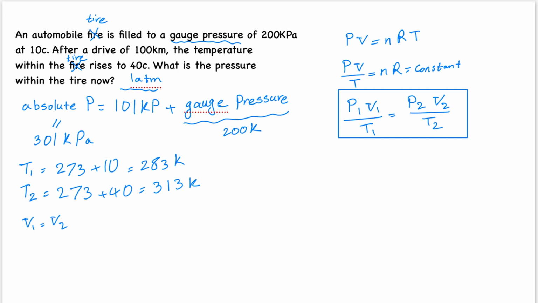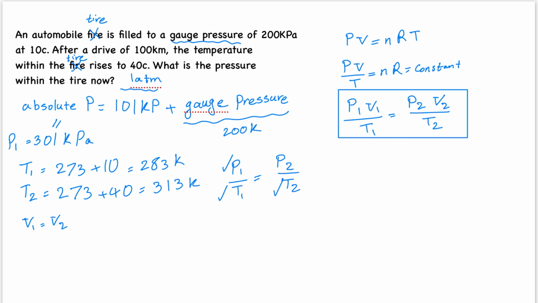So the formula we will have is P1 over T1 equals P2 over T2. We have P1, the absolute pressure that we found, and we are asked to find P2. So we have P1, T1, and T2, and we will easily find P2.